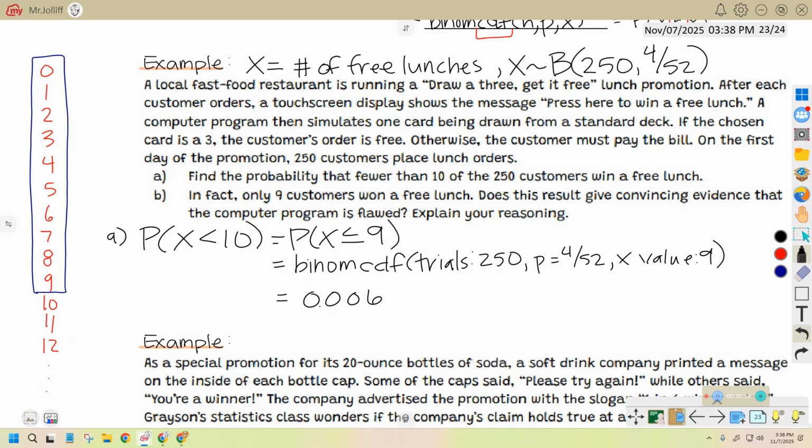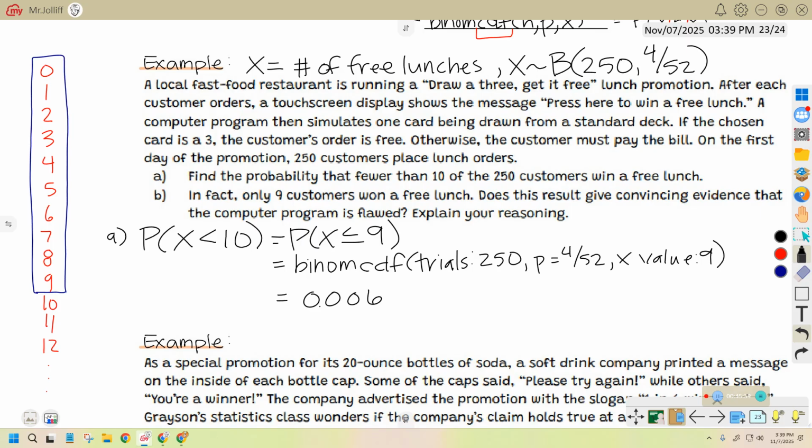B says, in actuality, after these 200 customers have gone through this computer process, only 9 of them got a free lunch. Does this result give convincing evidence that the computer program is flawed? Explain your reasoning.